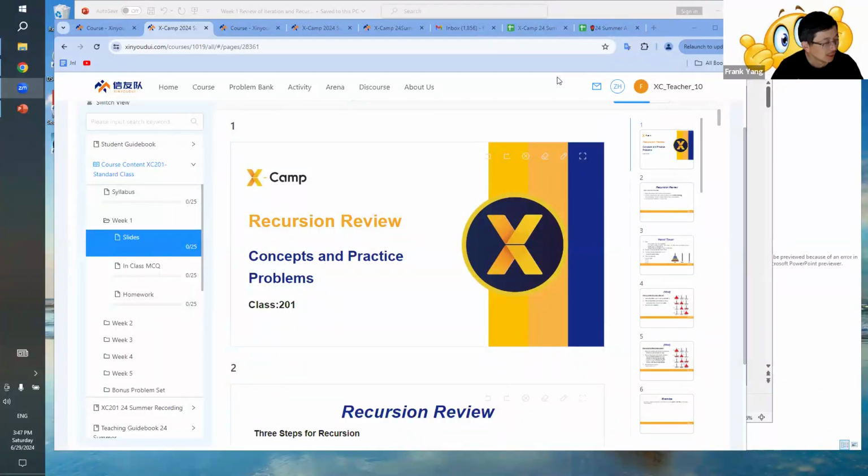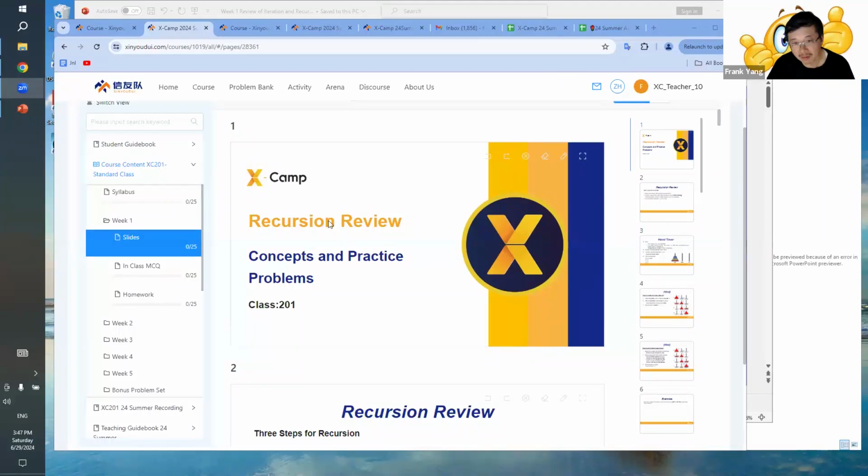right? And then the third one, of course, because the recursion is a function, you need to define that function, right? So you need to define what is the input parameter, what is the output parameter. So these are the three most important factors, right?